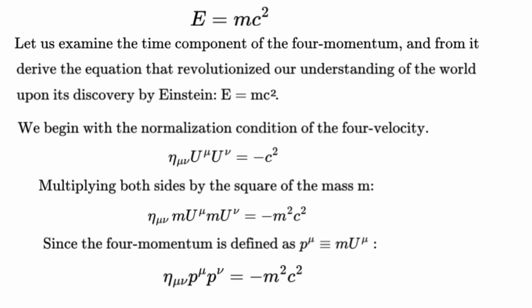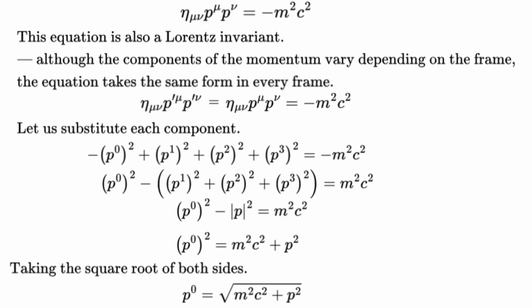We begin with the normalization condition of the four-velocity, multiplying both sides by the square of the mass m, since the four-momentum is defined as p^μ equals m u^μ. This equation is also a Lorentz invariant. Although the components of the momentum vary depending on the frame, the equation takes the same form in every frame.